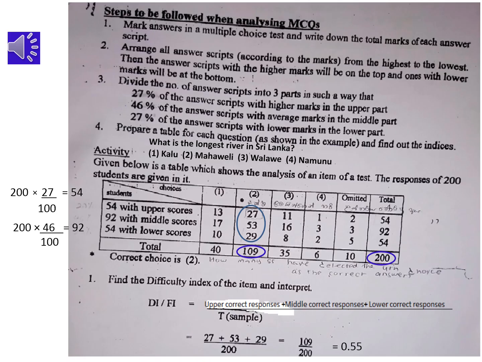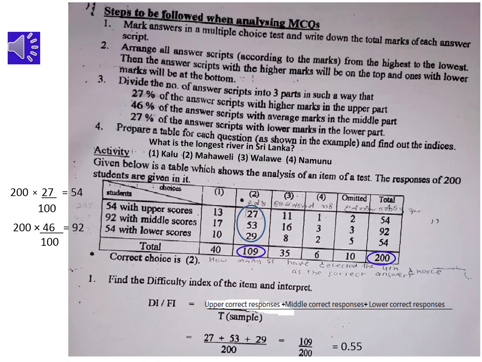Now look at the table. On the top of the table, we can find the choices, horizontally. How many choices are there here? Kalu, Mahavali, like that? 4. So you put 1, 2, 3, 4. And to the correct answer, put a star mark. Actually, you don't have to do this. At the exam, they will give you this table and ask you to calculate the facility index and discrimination index, and then to interpret the results, right?